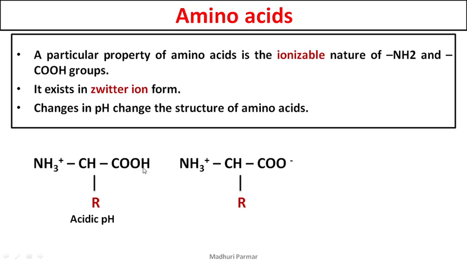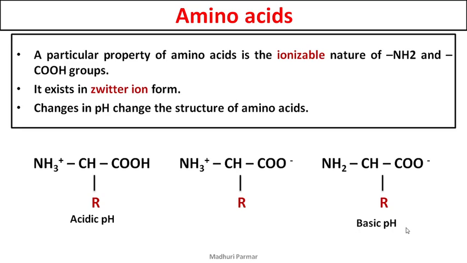When the COO minus takes that H plus, it becomes COOH. And when the NH2 takes that H plus, it becomes NH3 plus. Overall, the charge on this amino acid is positive. Clear? So in acidic pH, the amino acids are positively charged. The opposite will happen in case of basic pH.